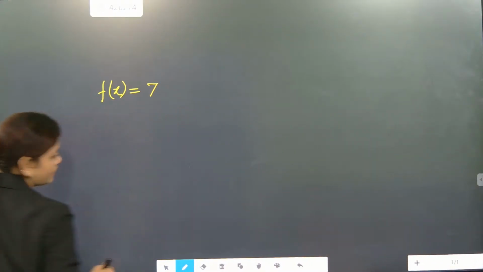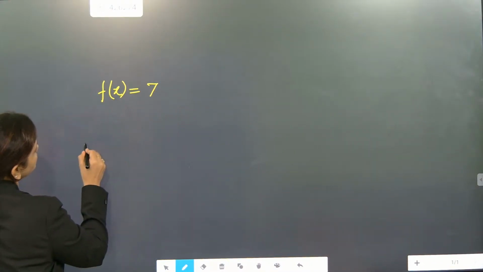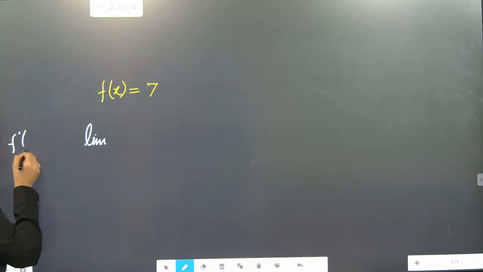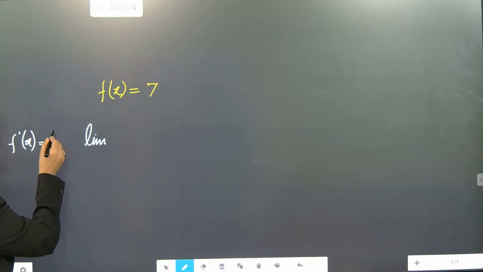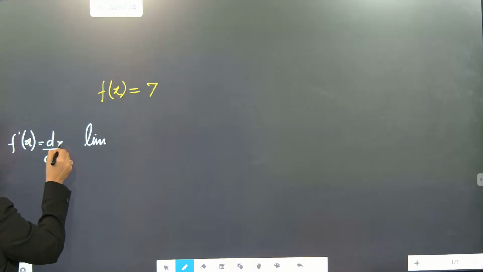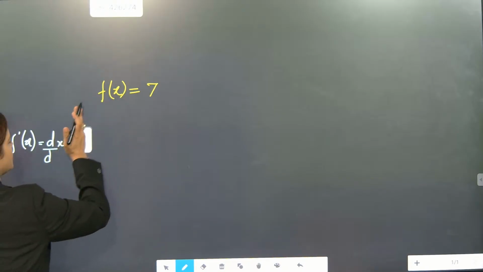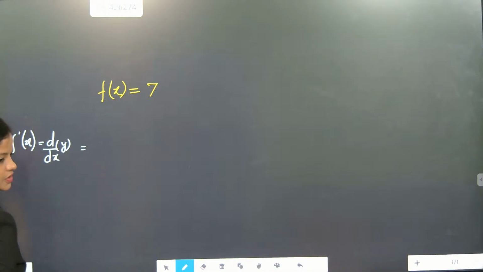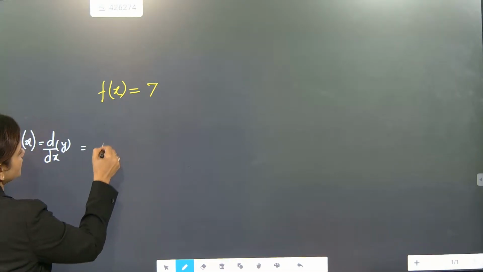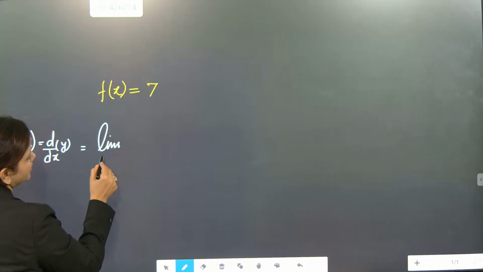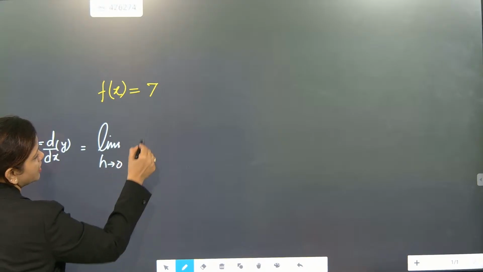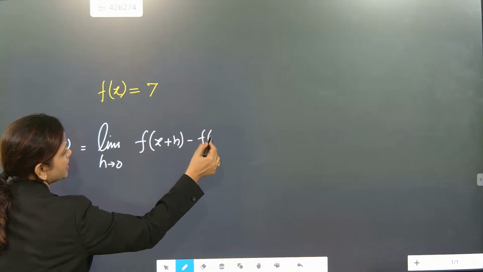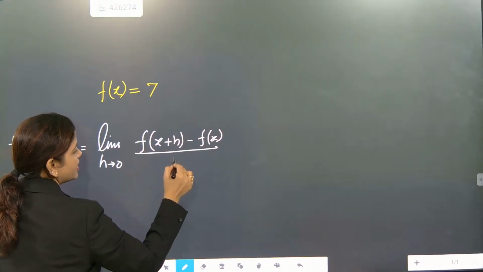But we will have to give respect to this also. So our formula is what? F dash x, that is dy by dx, is equal to limit h tends to 0, f of x plus h minus f of x by h.